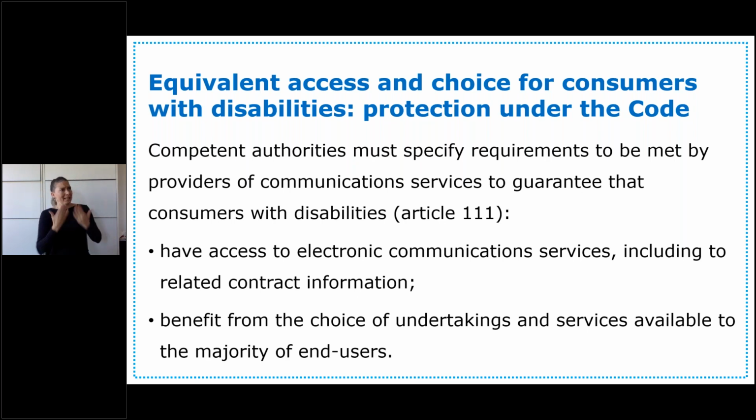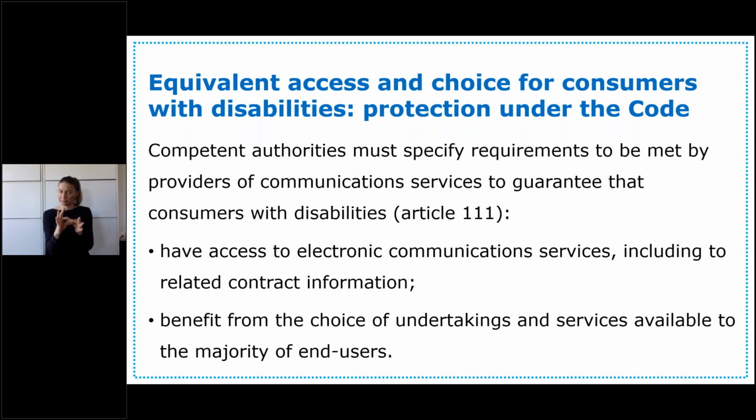So it's very important for you to bear this in mind when you discuss with your national governments, that when it comes to accessibility requirements, not availability or affordability measures, it's very important to look at the Accessibility Act in conjunction with the code.